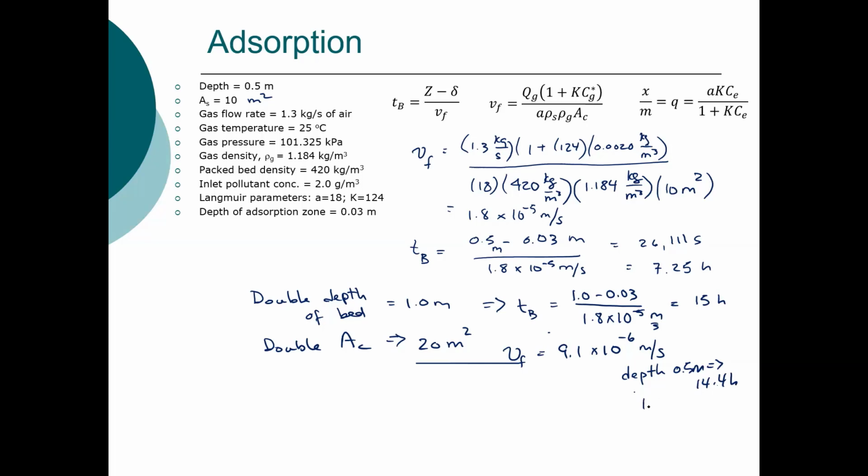And if we went to a 1 meter depth, then our time to breakthrough would be 29.7 hours. So we can modify these parameters to try and increase the time to breakthrough so that we're not having to stop the system and regenerate as often as that original design.